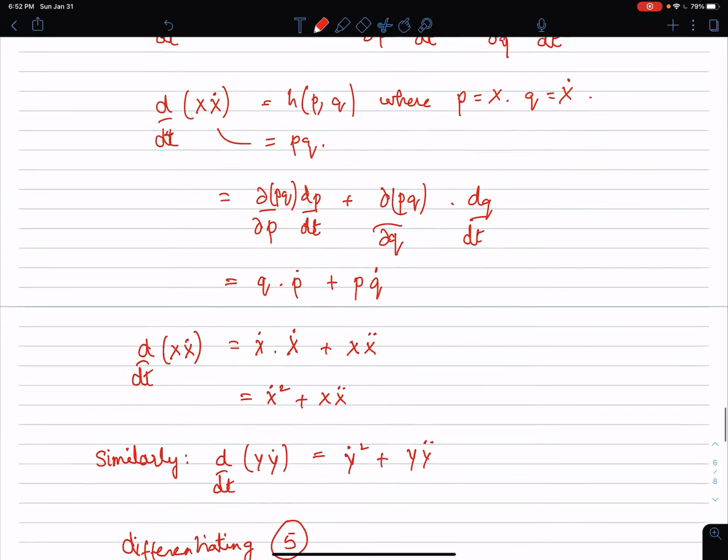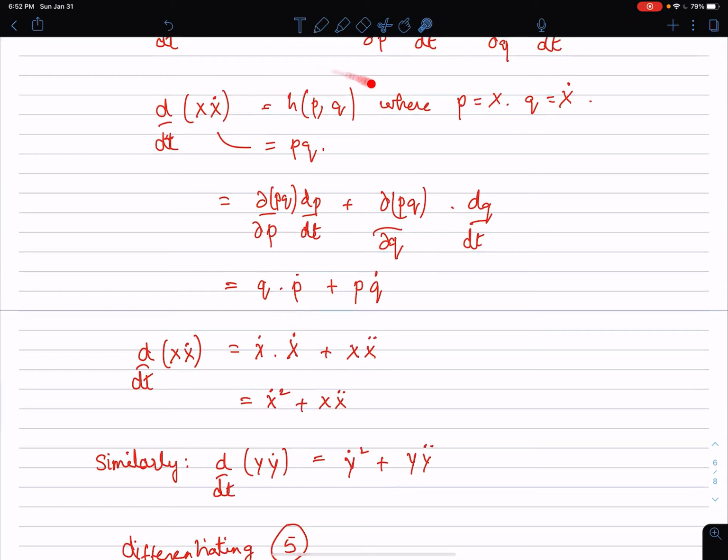It has to do with this chain rule. This chain rule you want to try to understand. If you have a function of two variables, p and q, in this case p and q are x and x dot, you basically differentiate this expression with respect to p. It's a partial derivative because when you differentiate it, you're thinking of the other thing as a constant, essentially.